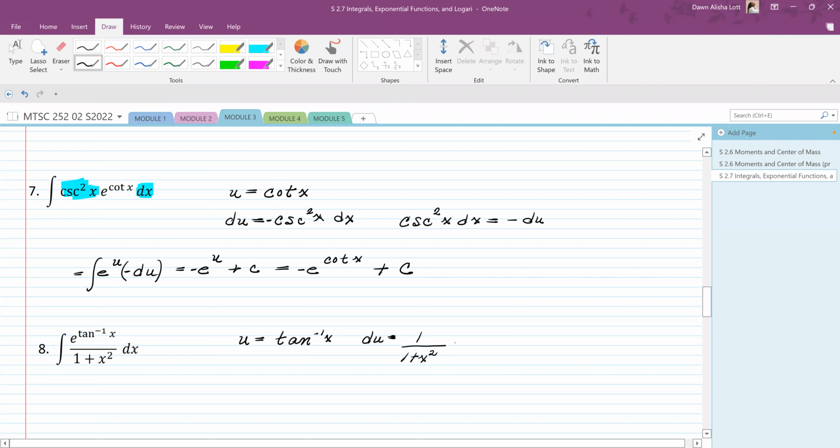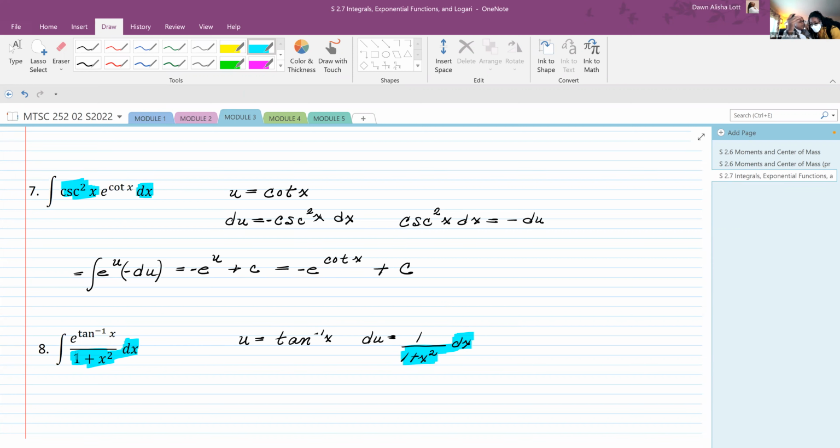Okay, so dx over 1 plus x squared is in the problem. Okay, so what's the integral?